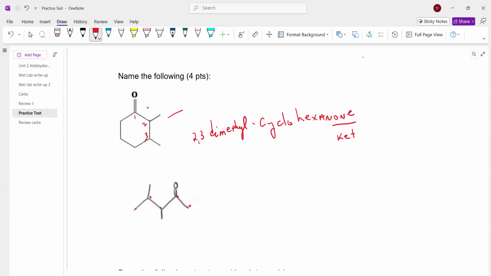Now, what would happen if we reduce that? What will we end up with? Well, ketones that are reduced will go to a secondary alcohol.